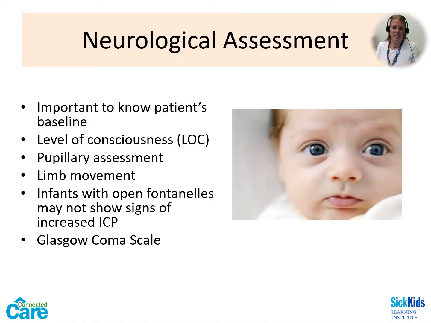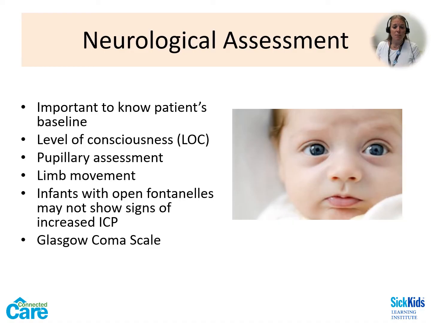Neurological assessments can be done at the first interaction, and depending on the child's underlying condition, more frequent assessments may be needed. It is important to know the patient or child's baseline to be able to compare for changes in their neurological status.